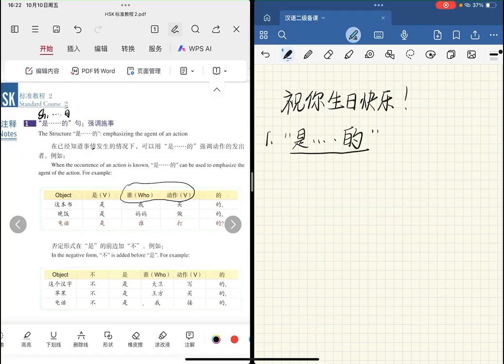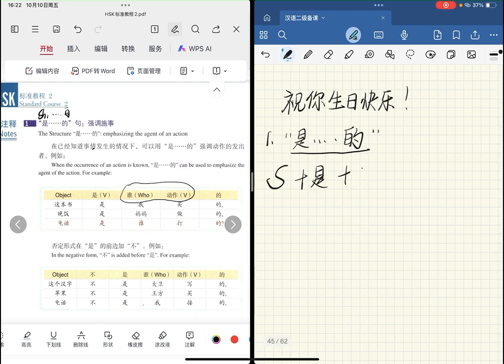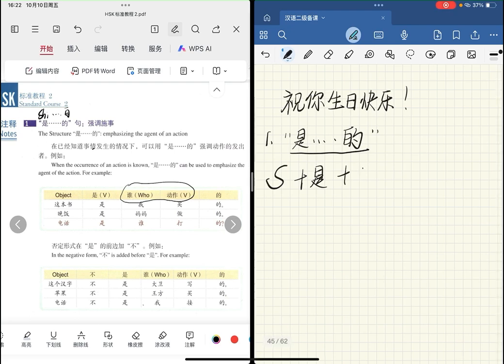Okay, for example, let's see the basic structure first. Subject adds the 是. So we emphasize the agent of the action, right?